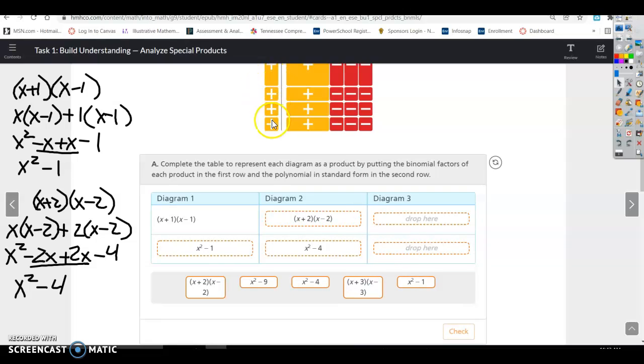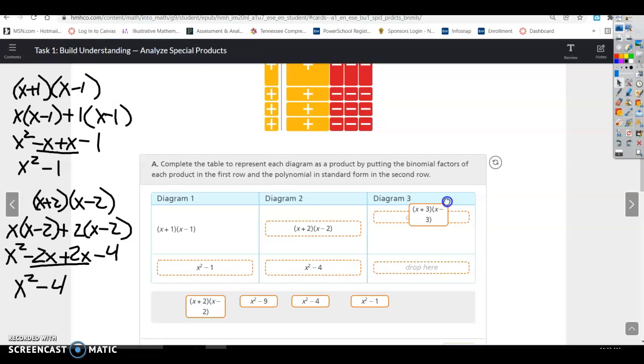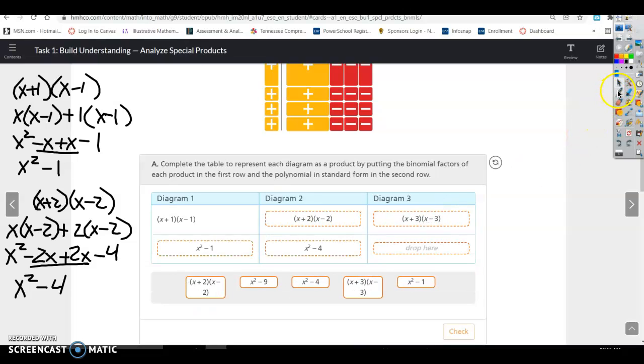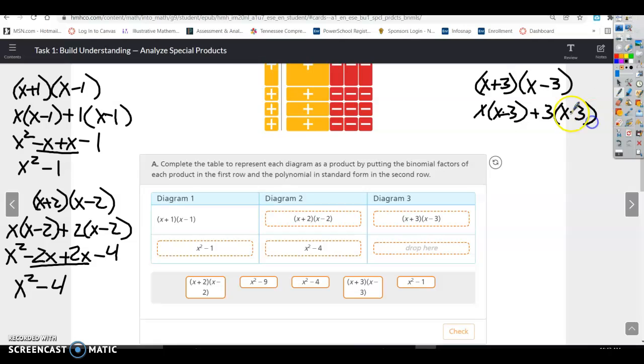Now, this one was x plus 3, x minus 3. Let's go ahead and see if it works in the same way. We've got x plus 3 and x minus 3, so we do x times x minus 3, plus 3 times x minus 3.